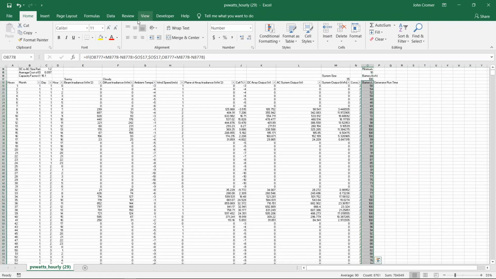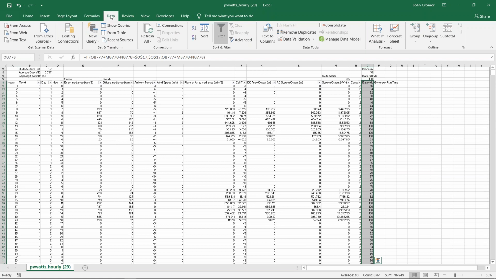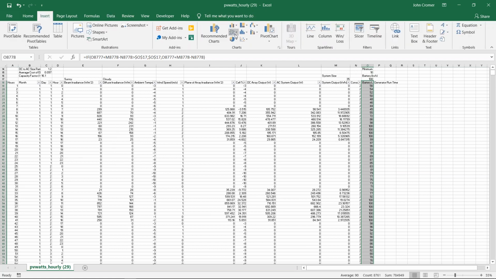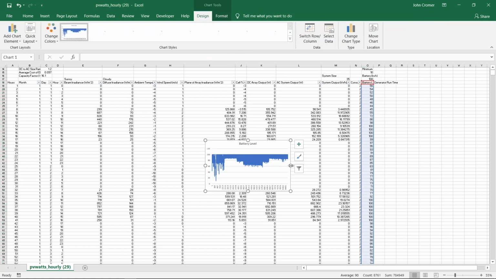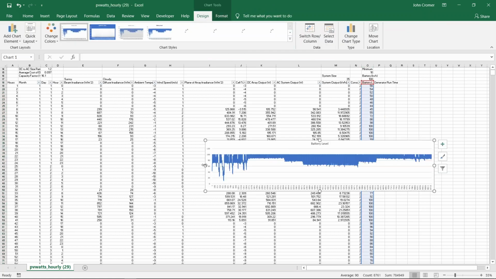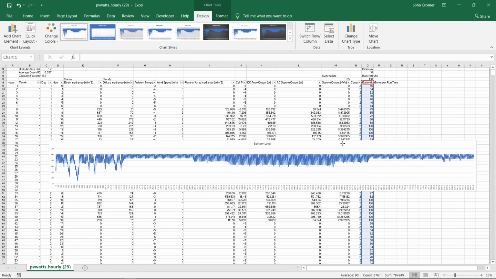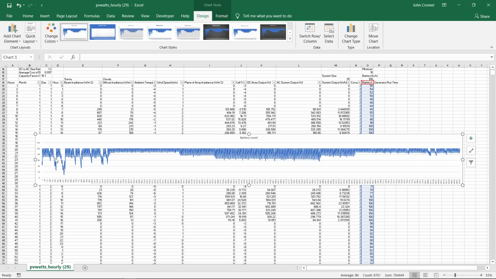All right, maybe this will just do it like that. Yeah, so that's pretty much it. Here we have our battery state of charge.